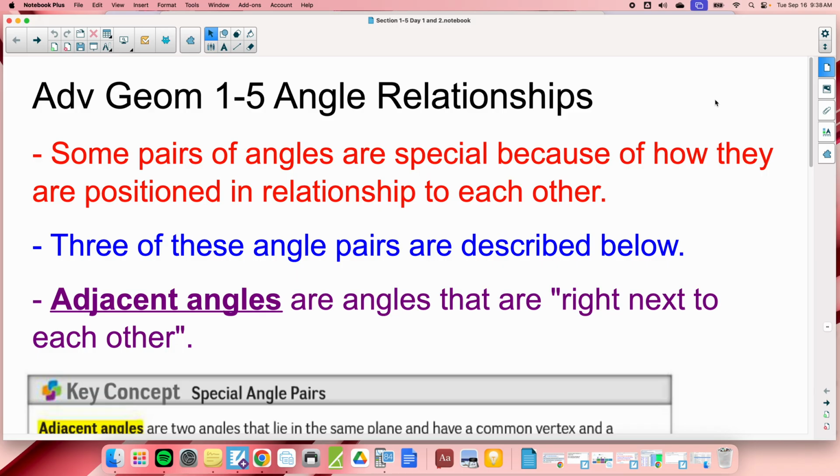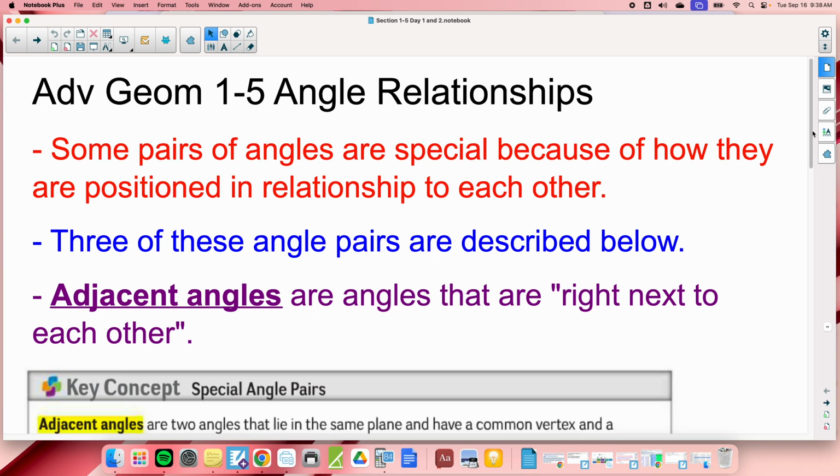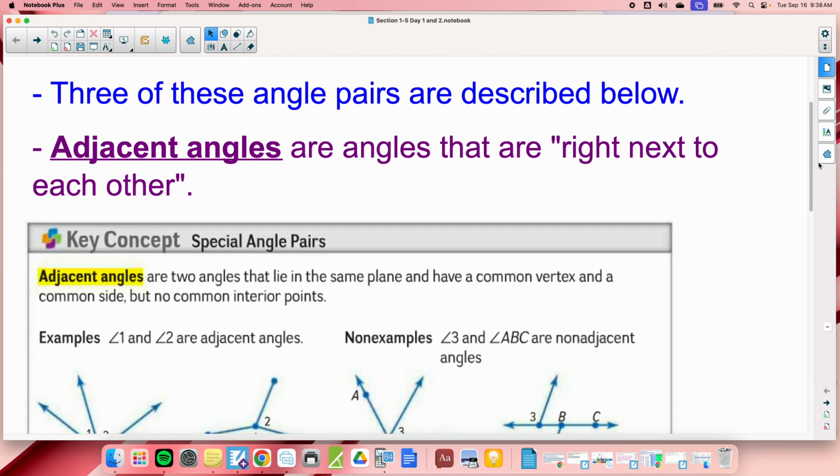So the first thing we're gonna talk about today is called adjacent angles. And adjacent angles are two angles that are right next to each other. So I'll show you what that means. Let's say that this is angle 1, and then angle 2 shared this ray, and it was right here, okay?